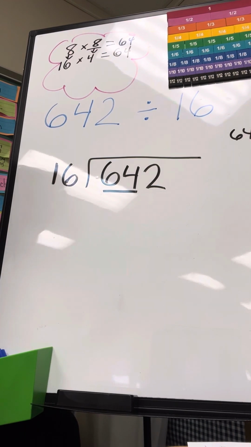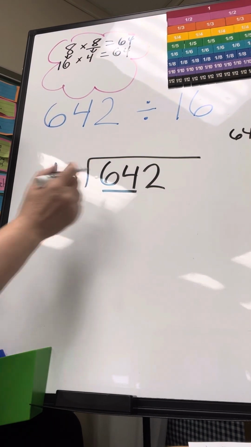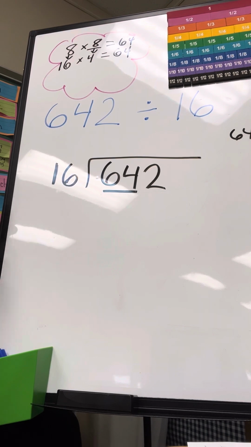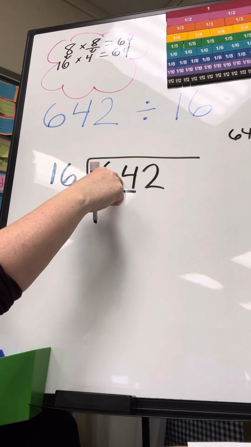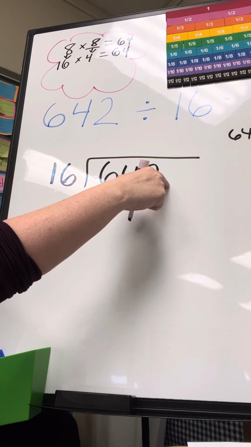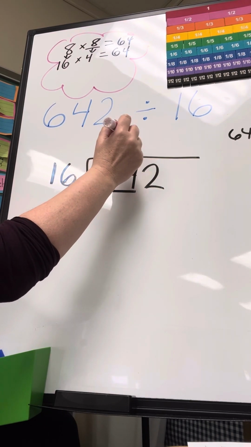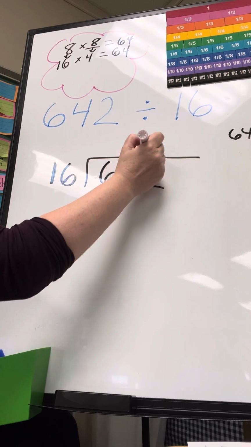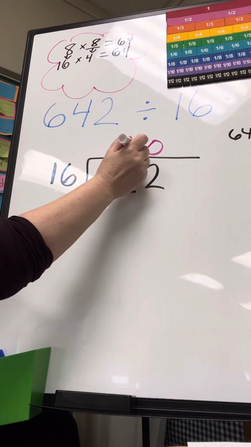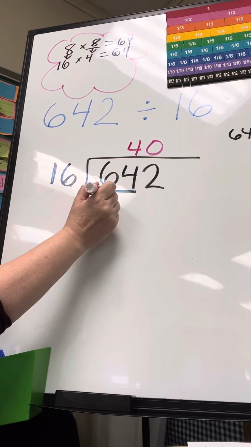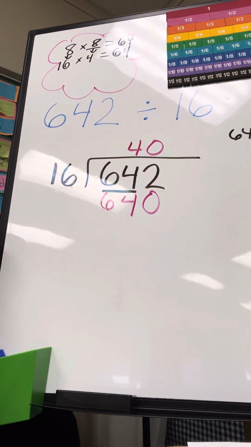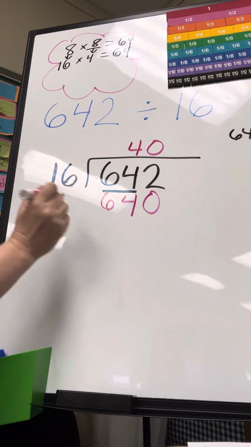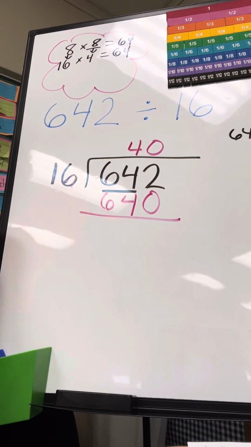And now that I did my thinking there, I can go back here and I can say, I know that 16 goes into 640. It's going to go in 40 times. 4 times 16 is 64, and that makes 40 times 16. 10 times more would be 640.